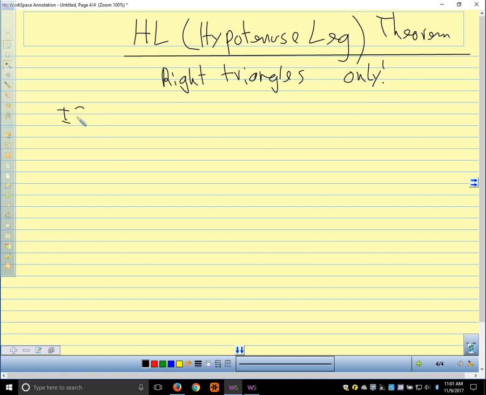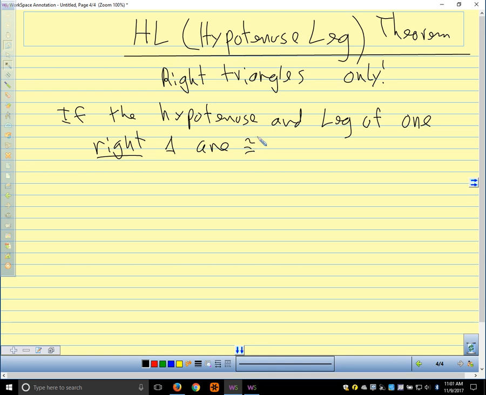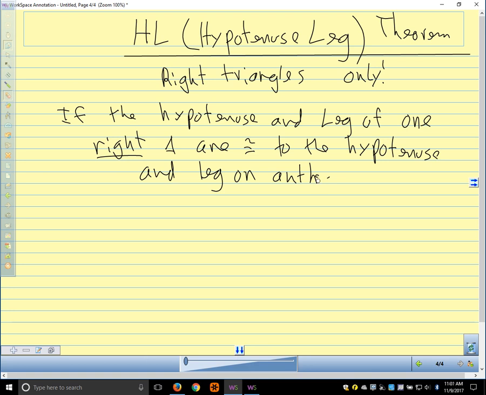So we're going to say if the hypotenuse and leg of one right triangle are congruent to the hypotenuse and leg on another, and the other one has to be a right triangle too, then the triangles are congruent.